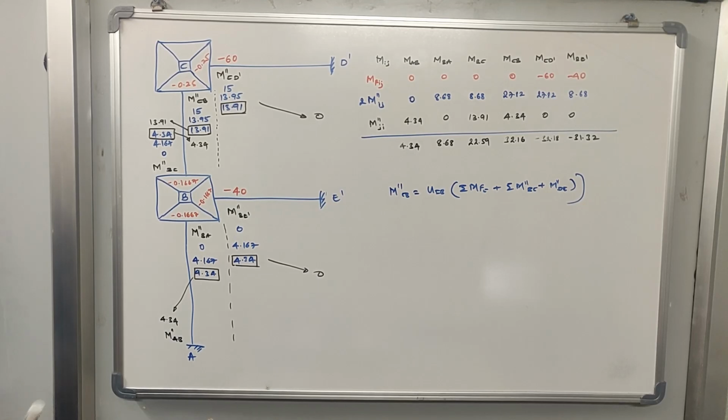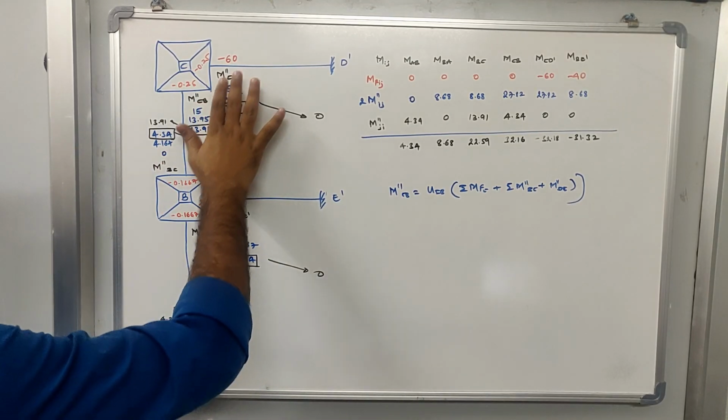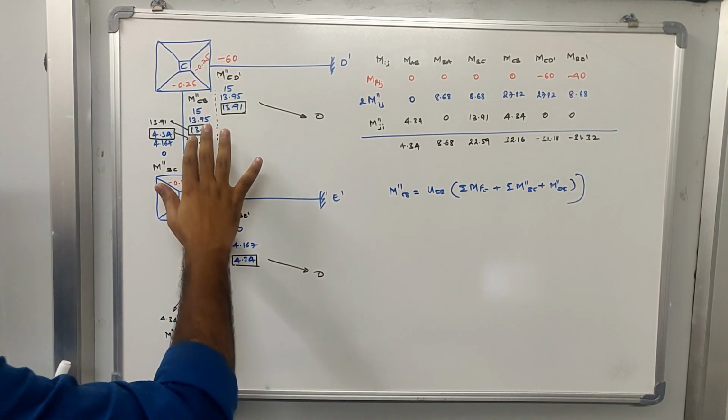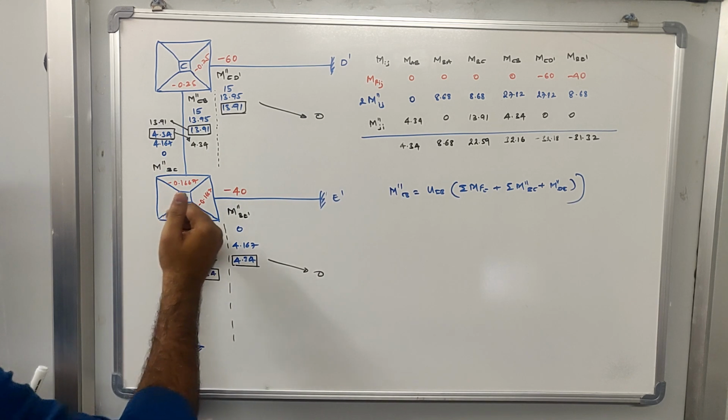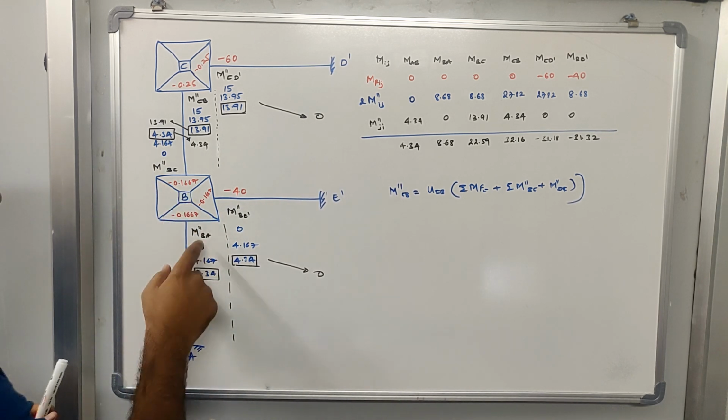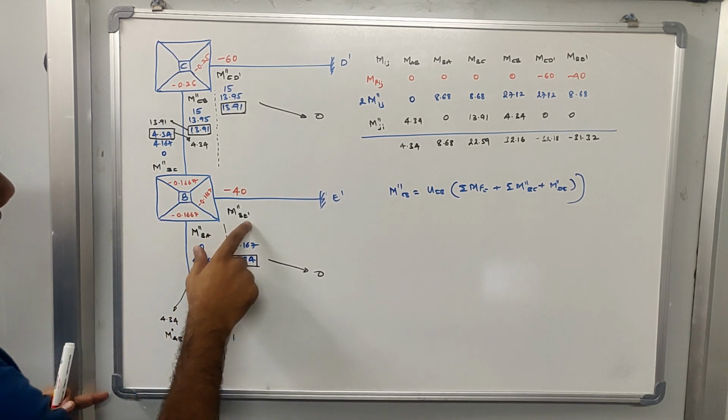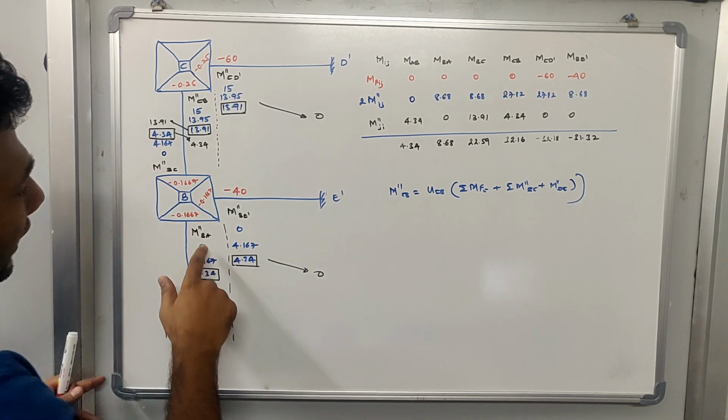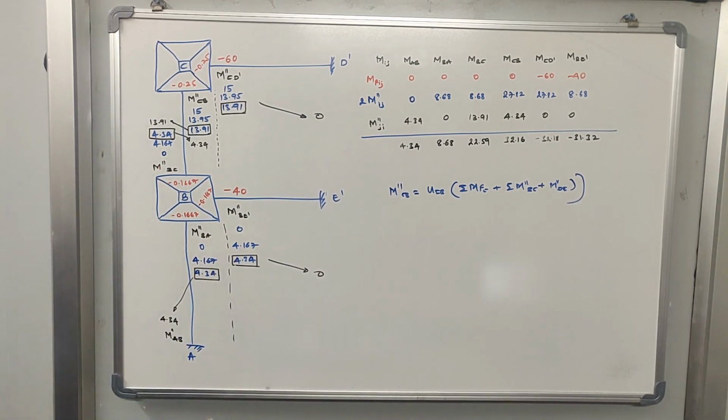Once we calculate the rotation moments for CB and CD, the next thing is to calculate the rotation moments for joint B. At joint B we are going to solve for BA, BE and BC, which initially we have considered to be 0.